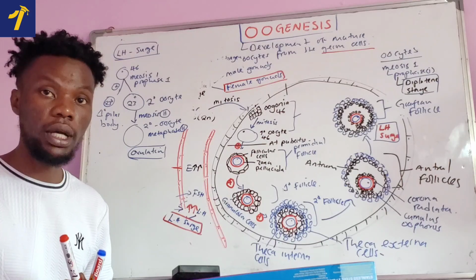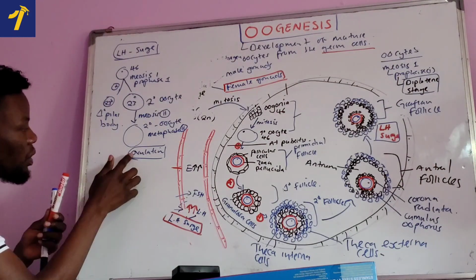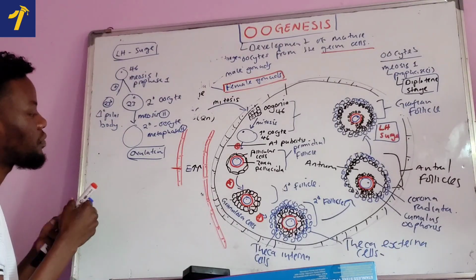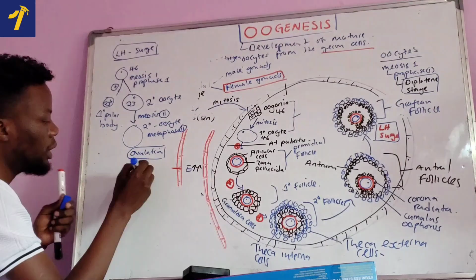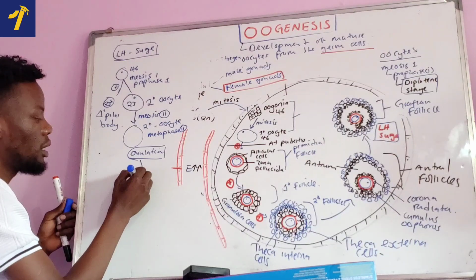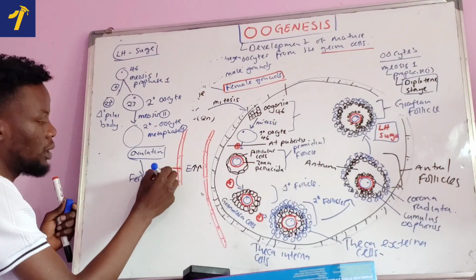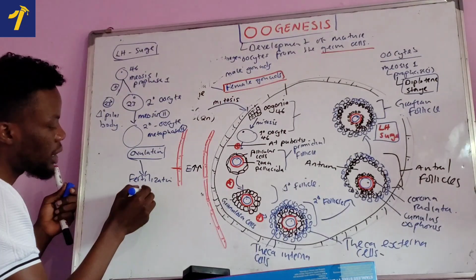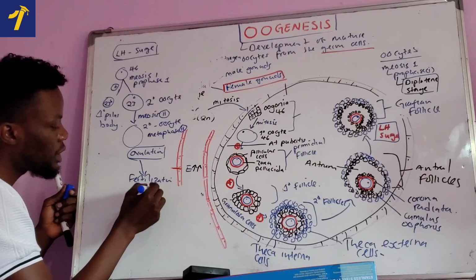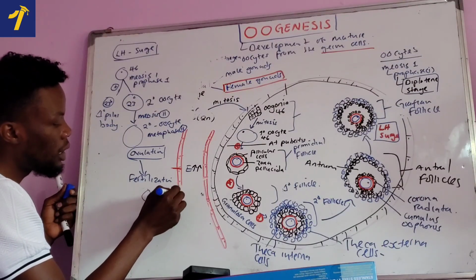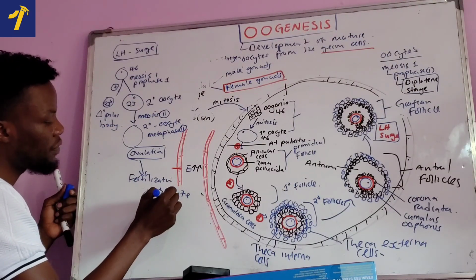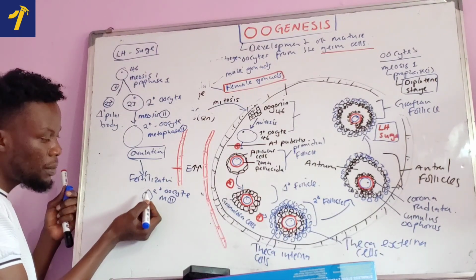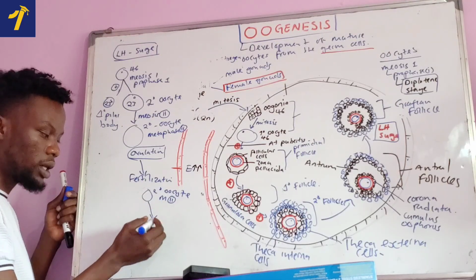All right, so what we're simply saying is that after ovulation happens, let us write those sequences. In case fertilization happens, then this secondary oocyte that was arrested in what? Metaphase 2 of meiosis number 2. If fertilization happens, this secondary oocyte will change into what?